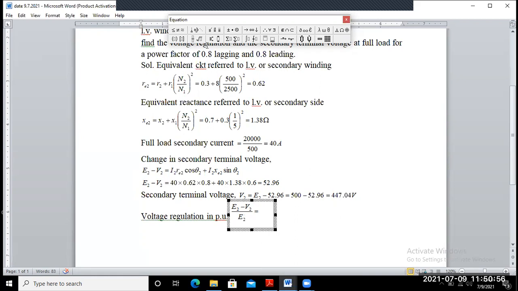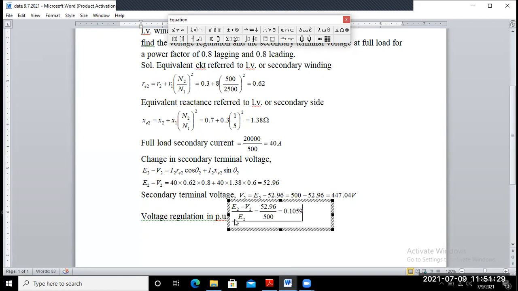That is the voltage regulation in per unit, equal to 0.1059.